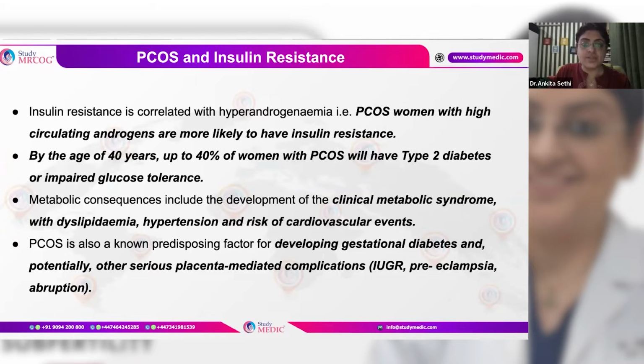Metabolic consequences include the development of the clinical metabolic syndrome with dyslipidemia, hypertension, and risk of cardiovascular events. PCOS is also known predisposing factor for developing gestational diabetes mellitus and potentially other serious placenta-mediated complications like IUGR, preeclampsia, or abruption.